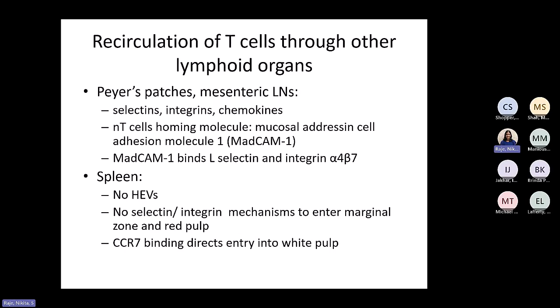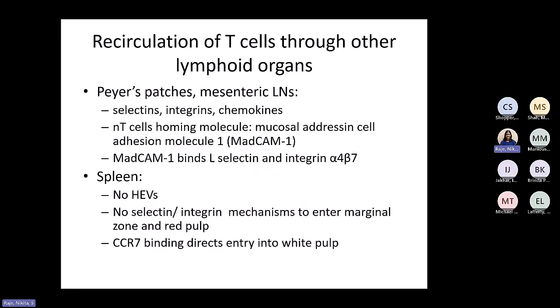Another one is the spleen. Now we know that the spleen does not have any HEVs. There are no selectin or integrin mechanisms to enter the marginal zone and red pulp. So it's a free entry, free for all in the spleen. But still, the cells need some help in moving in a regulated fashion so that they know where they are going once they enter the spleen.